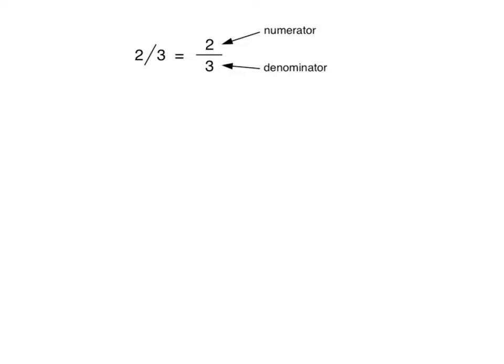So, a fraction has a numerator and it has a denominator. And so, if you have difficulty remembering, the denominator starts with a D. It's down below, and the numerator is the opposite of that.